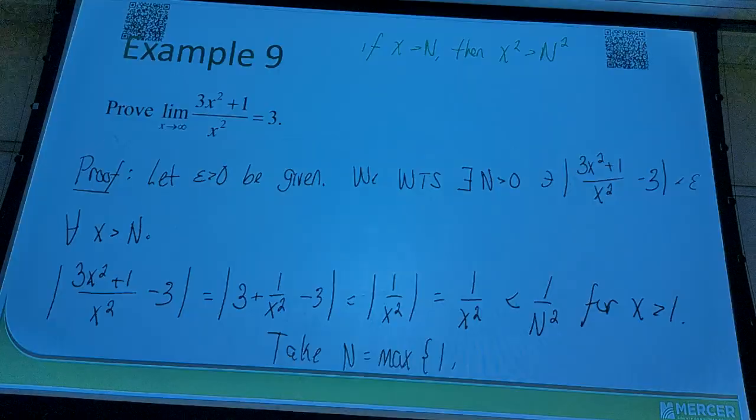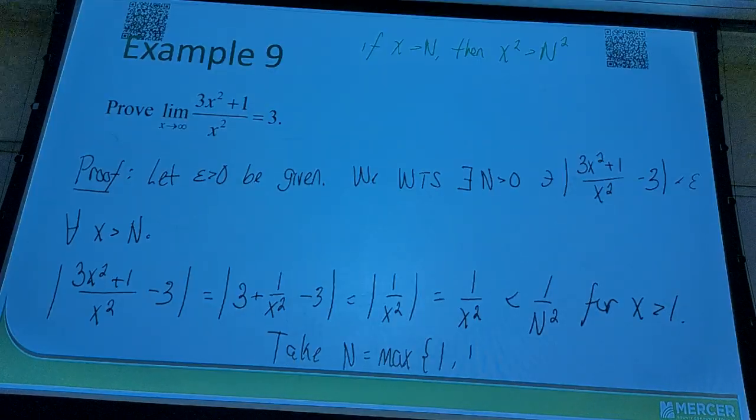So take n to be the maximum between 1 and, now say 1 over n squared is equal to epsilon, solve for n. That'd be what, 1 over the square root of epsilon? I don't feel like writing a fraction. Epsilon to the minus half.